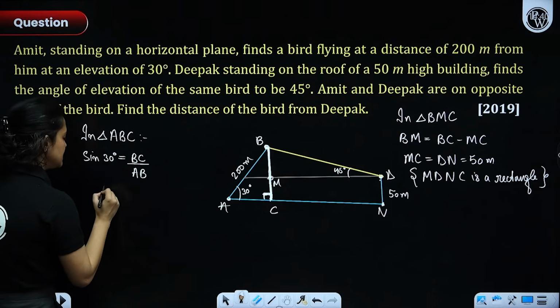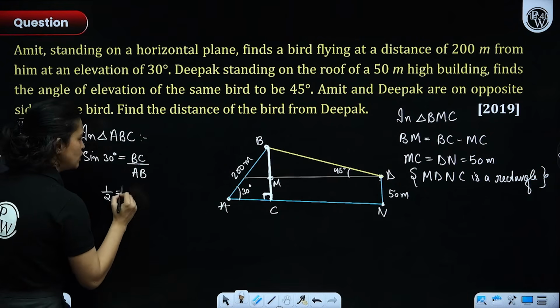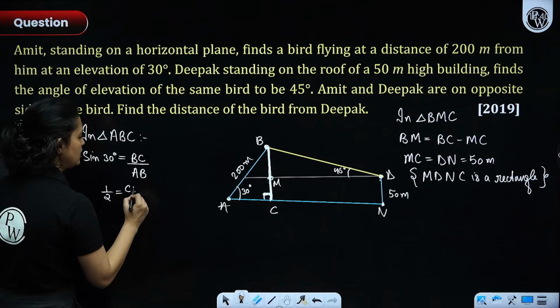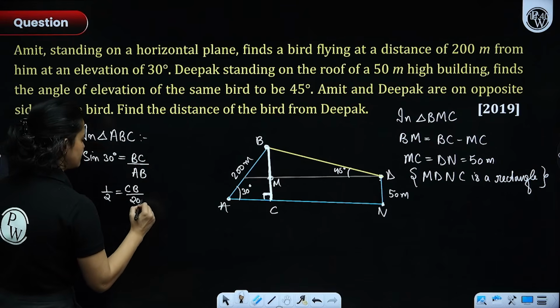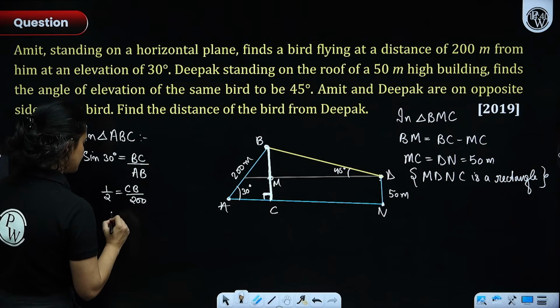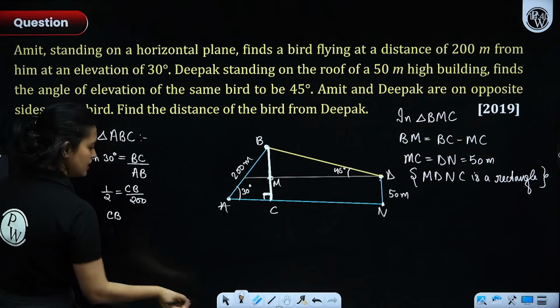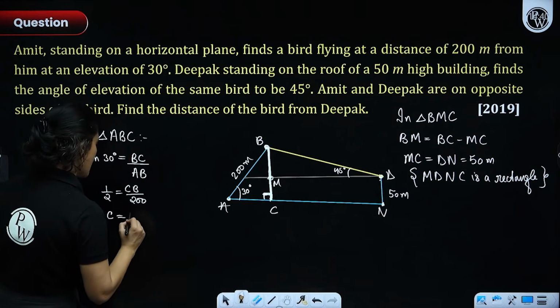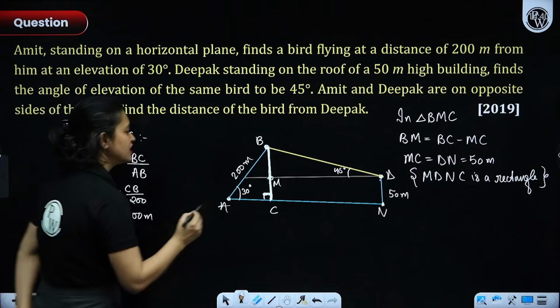Sine 30 degrees is equals to 1 by 2. So 1 by 2 is equals to CB, which we have to figure out, over AB, which is 200. So from here we'll say that CB or BC, both the same thing, is equals to 100 meters. We figured this out, everyone.